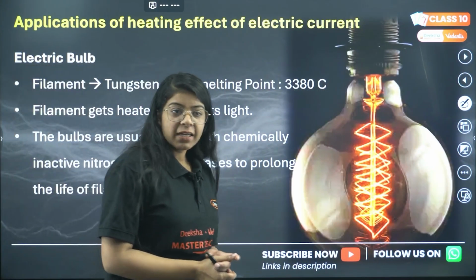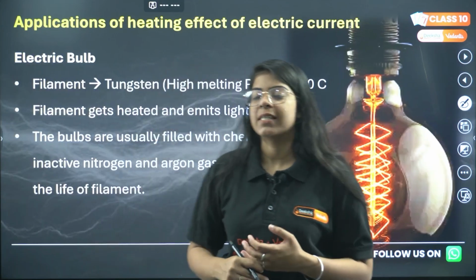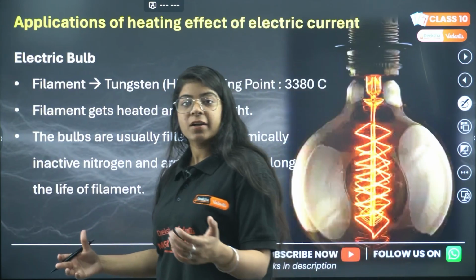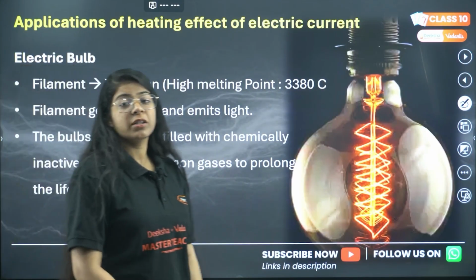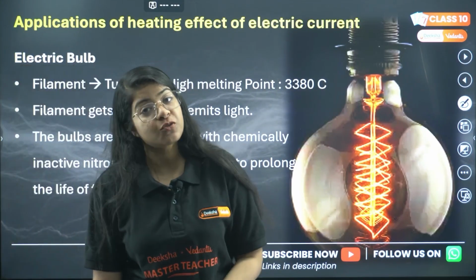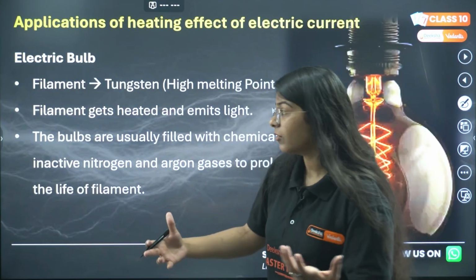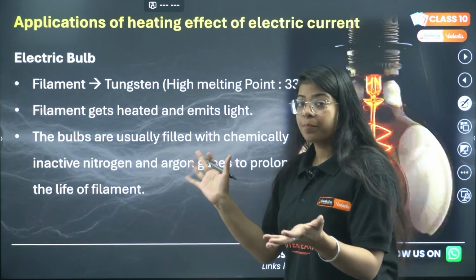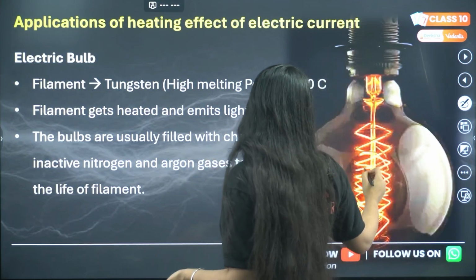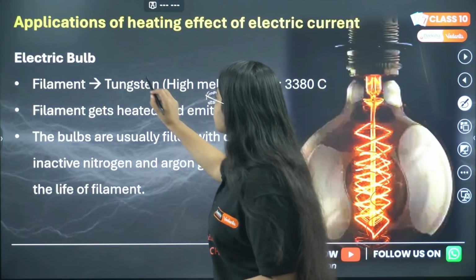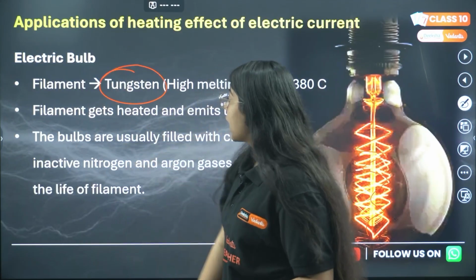Although it's bad that the current passes through it and gets heated up, it can cause fire in our houses, the devices where we use it effectively is our bulb. We have this filament of tungsten in our bulb.